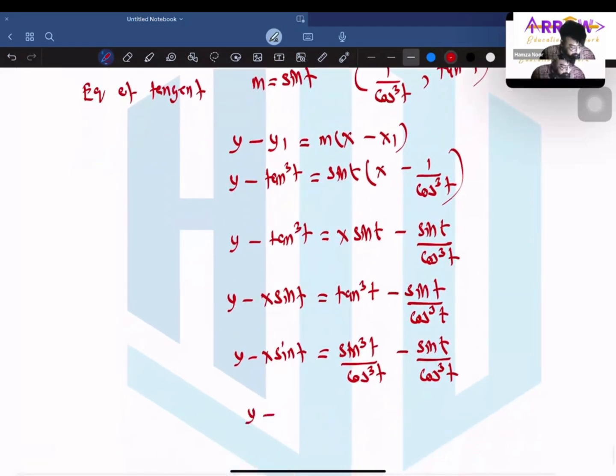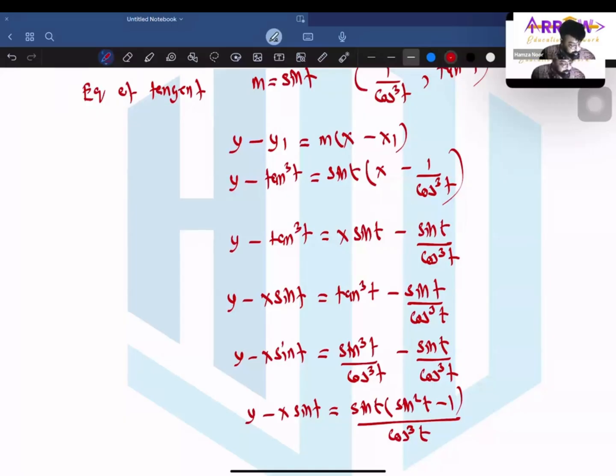So this is like y minus x sine t is equal to, taking sine t as common, you are left with sine square t minus 1 in the numerator, divided by cos cube t, because this is completely divided by cos cube t.